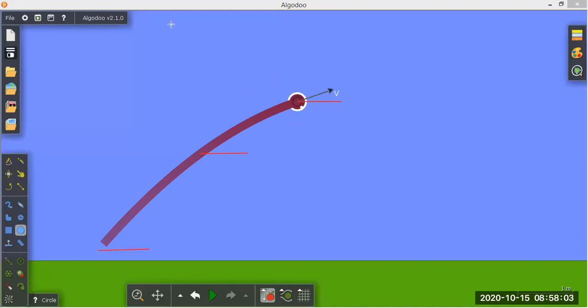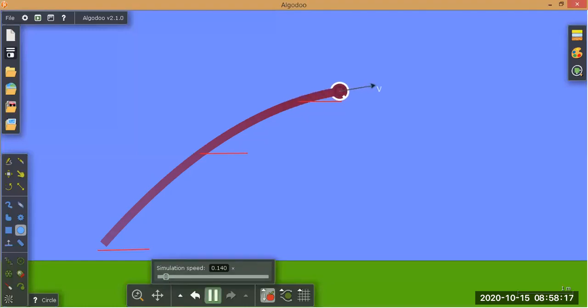Let's play it further. You'll see. That's why I'm doing it slowly, so that I could stop it at a proper time. How to set speed? I forgot that. Okay. Have a look at this now. It's almost become horizontal.